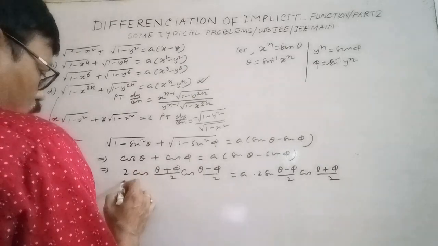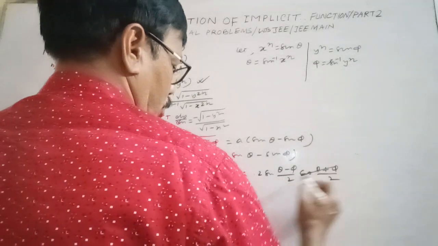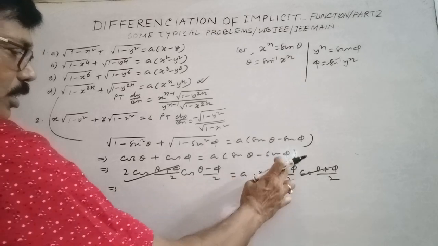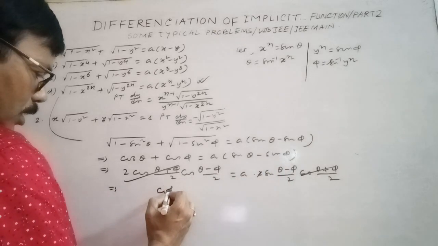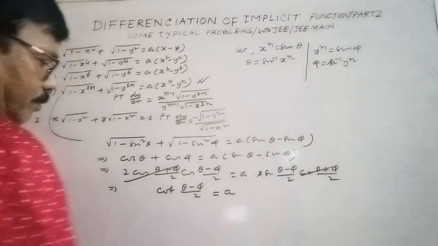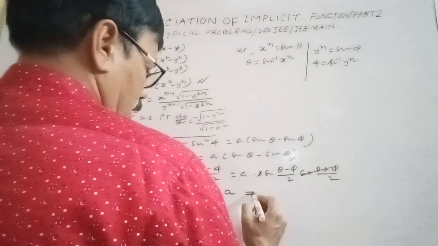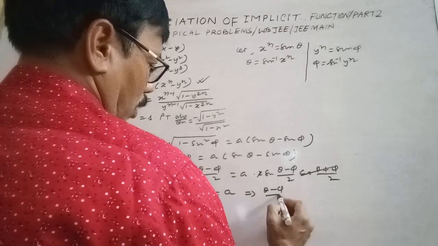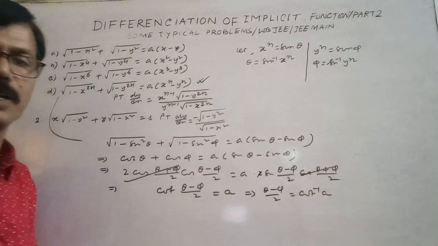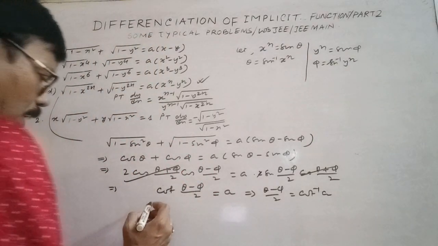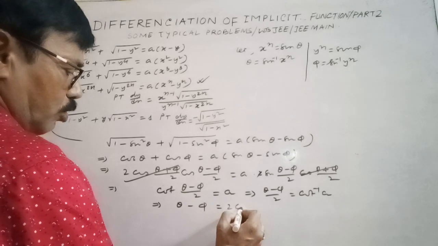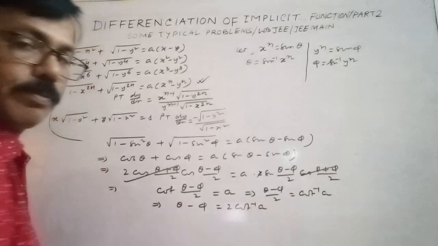Look, 2 cos((theta plus phi)/2) is cancelled out. So we have cos on one side and sine on the other. Dividing by sine, cot((theta minus phi)/2) equals a. So (theta minus phi)/2 equals cot inverse a. So finally we are getting theta minus phi equals 2 cot inverse a.